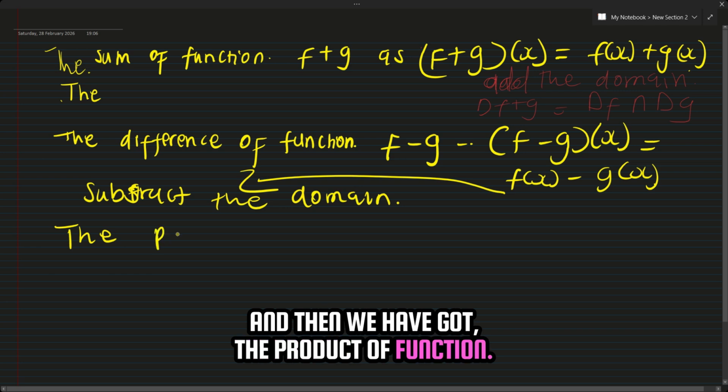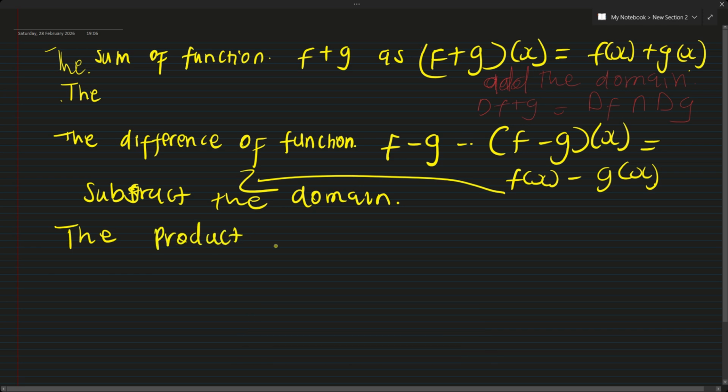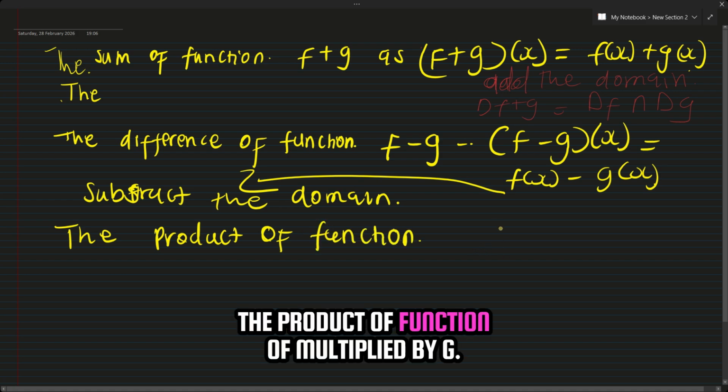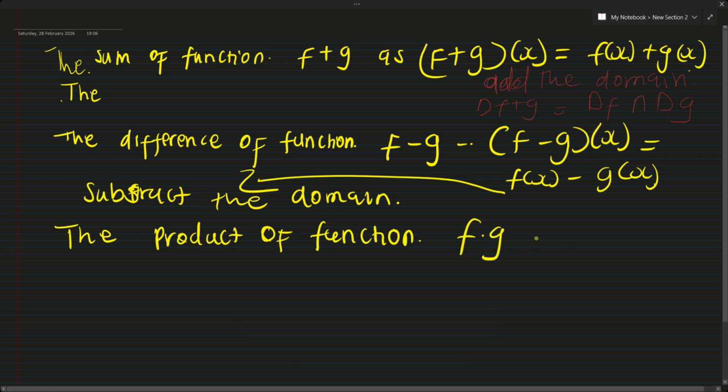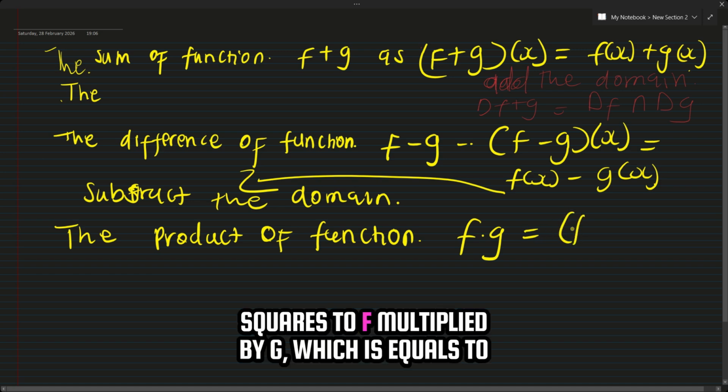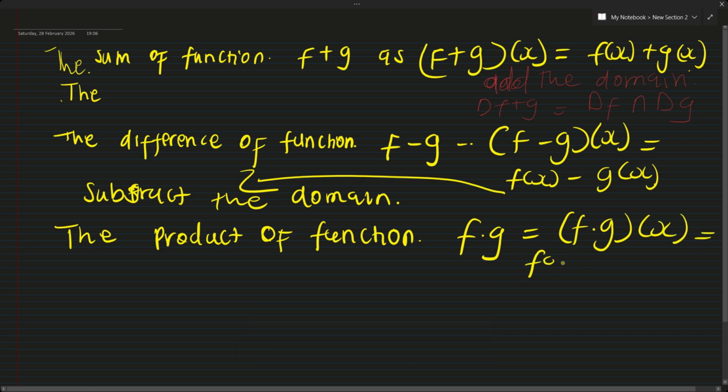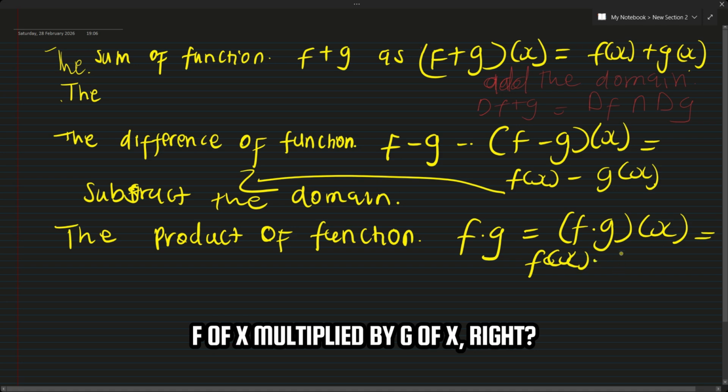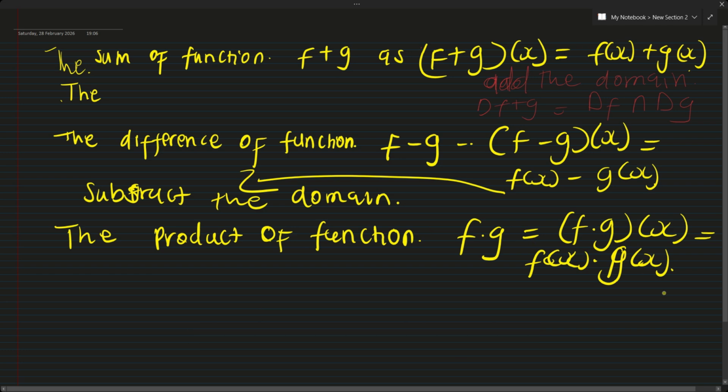And then we have got the product of functions. The product of functions f multiplied by g is equal to f multiplied by g, which is equal to f of x multiplied by g of x, right?